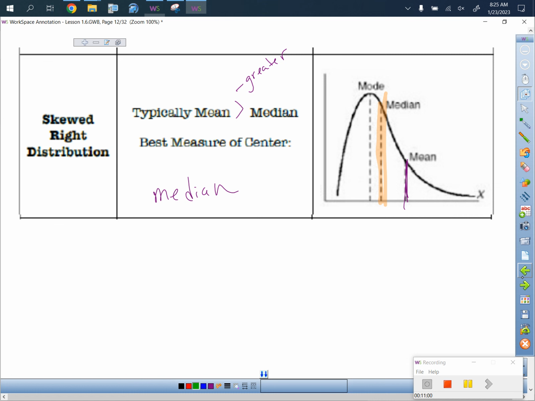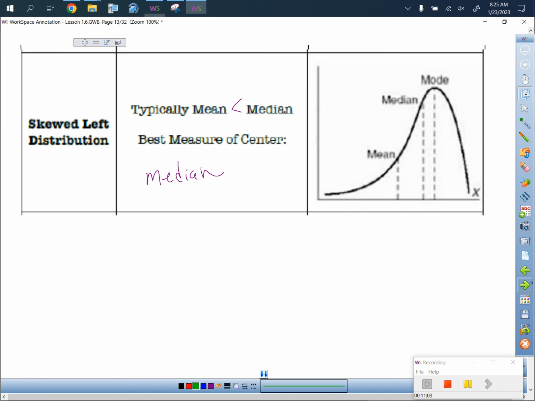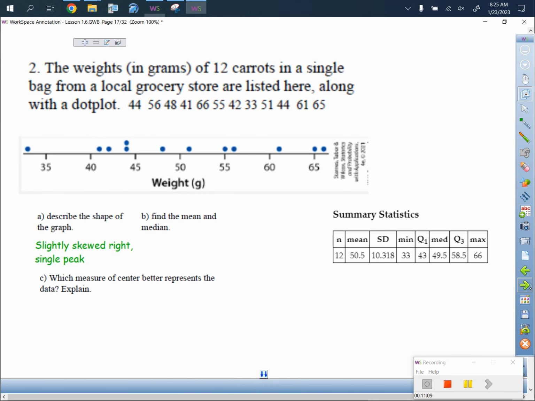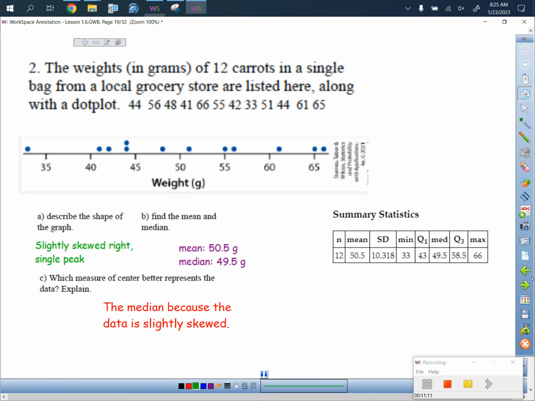And on all the skewed ones, I don't care if it's skewed right or skewed left, what's the best measure of center? The median, baby. Anytime the graph is skewed, we will say the median. When it says explain, it's like because the data is skewed. Data is skewed, that average is going to get thrown off by one of them outliers that's making it skewed.